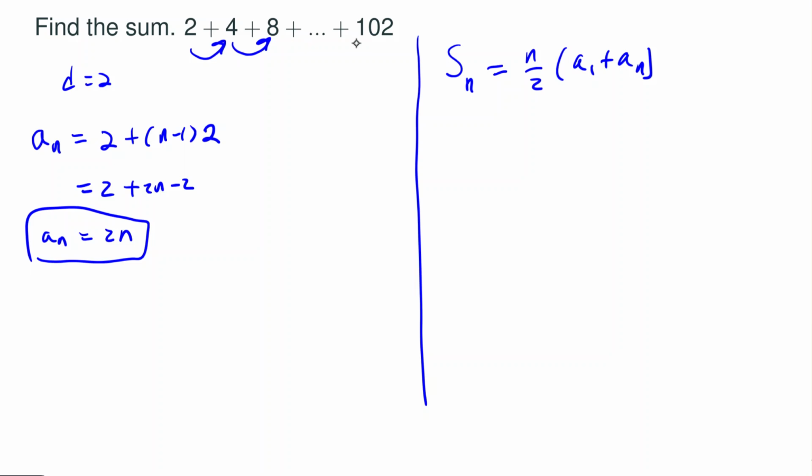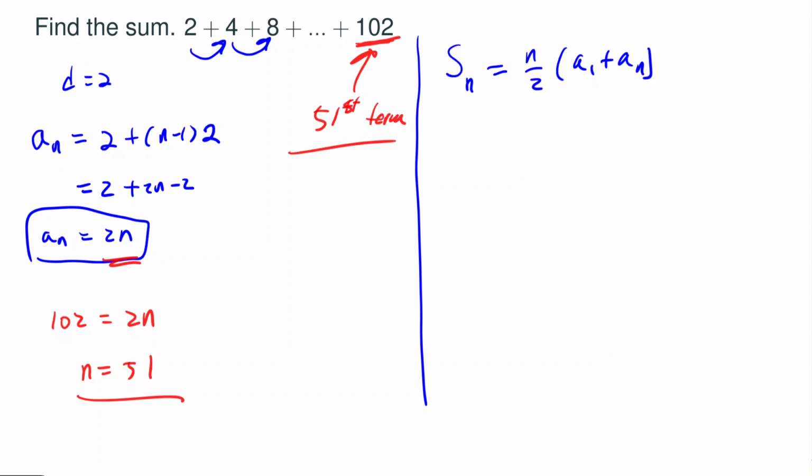Essentially we need to find n, the term number for this one. So 102 is 2n using this formula. Then n is 51, dividing by 2 on both sides. That means 102 is the 51st term. So we're adding 51 terms.